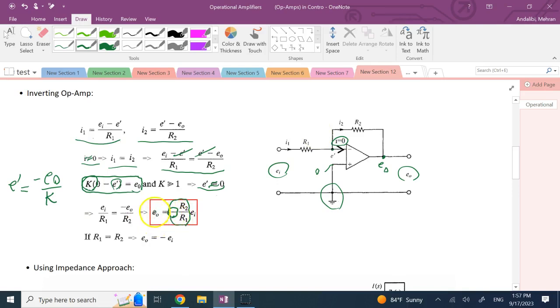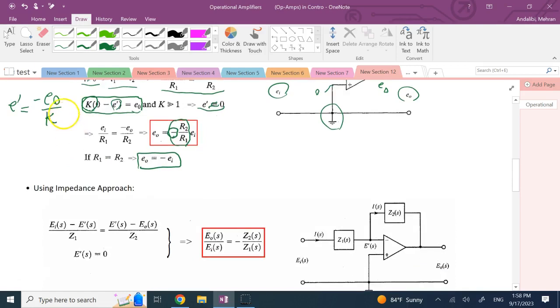The direction of voltage EO is opposite of EI, or in other words, we call it an inverting op amp. If I make R2 and R1 the same resistor, then EO is exactly negative EI. So one of the things you can do with op amps is not only amplify the signal, you can also invert it if you want to.